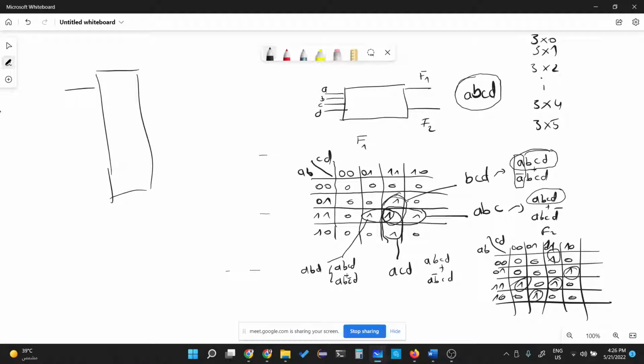So here we have 4 inputs. So let's use A, B, C, D as inputs in the decoder. So for the decoder, this is I3, this is I2, this is I1, this is I0. And then here we'll have 16 outputs. Let's call them D0 to D15. So this is a 4 to 16 decoder.